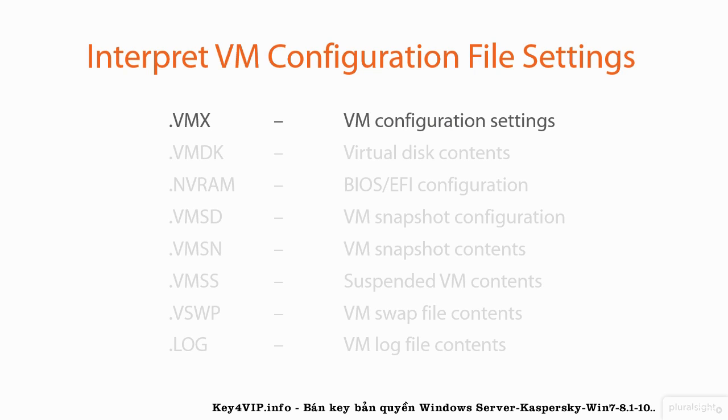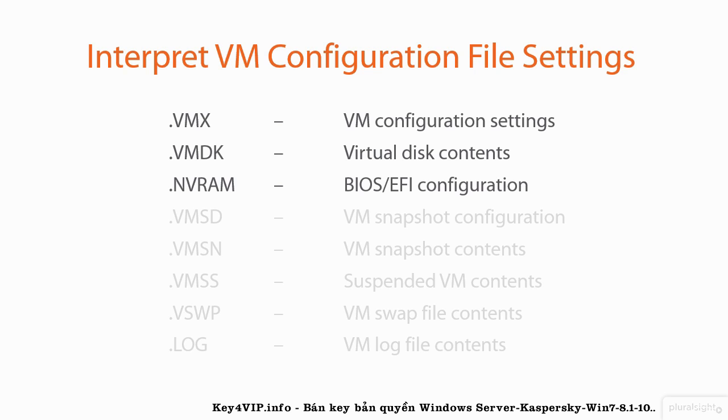We're aware of what the VMX file is because we just took a look at it, and you're probably also aware of the VMDK file, the contents of that machine's virtual disk. But there are really 6 or perhaps even more other kinds of files divided up by file name extension that correspond with different aspects of that virtual machine, like the BIOS or EFI configuration of that machine in a .nvram file.